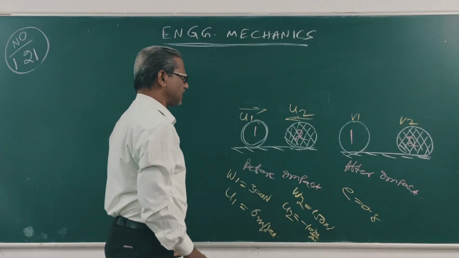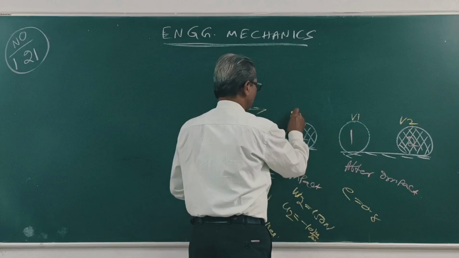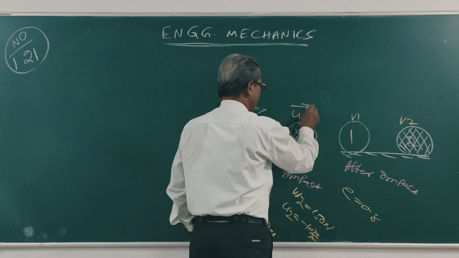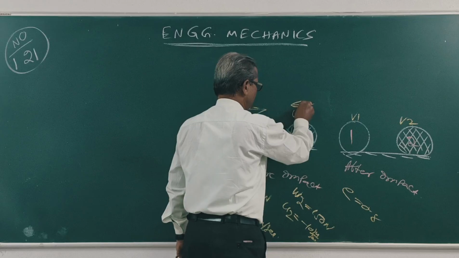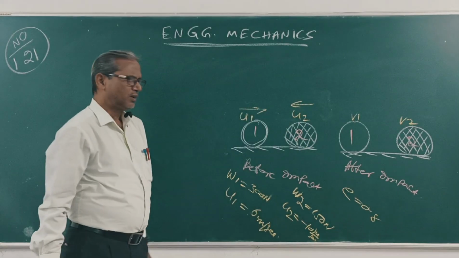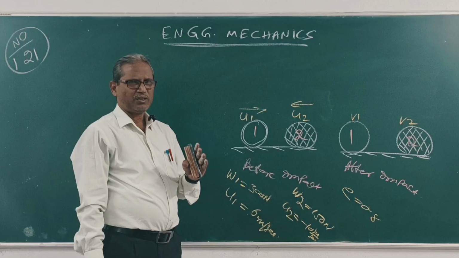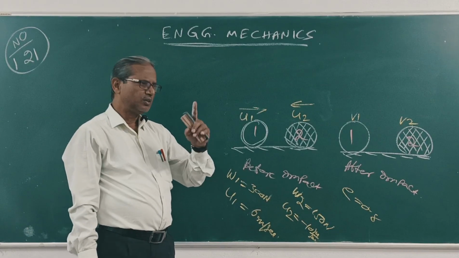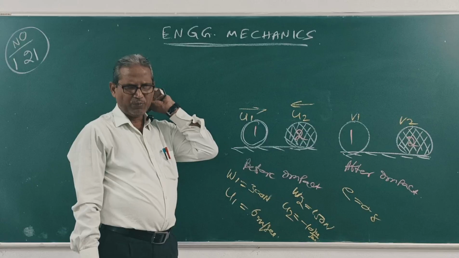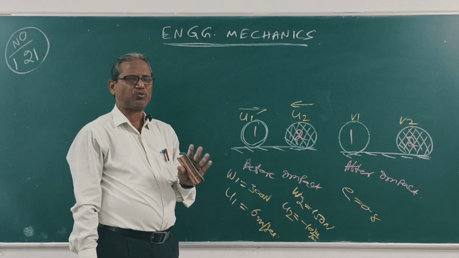In theory, we have discussed it. When we derived the formula, we assumed both the bodies moving in the same direction. So in that case, m1 u1 plus m2 u2 is equal to m1 v1 plus m2 v2.